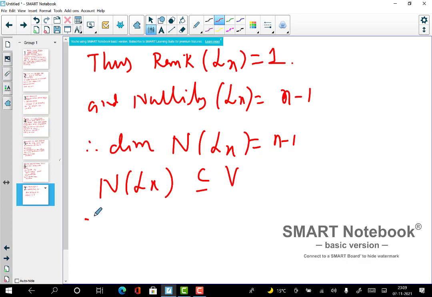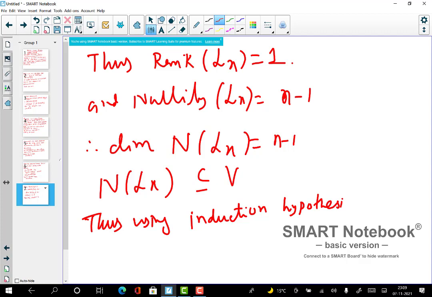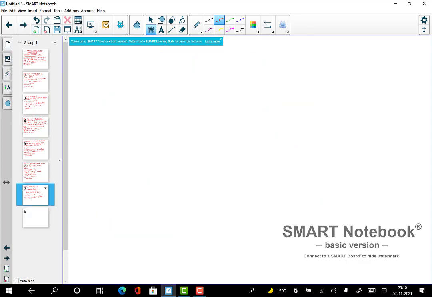So, using the induction hypothesis, what does the hypothesis suggest? That whenever we have a vector space whose dimension is less than n, we can do something, right?